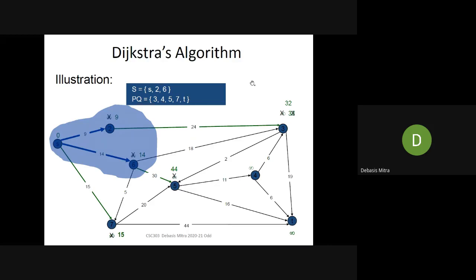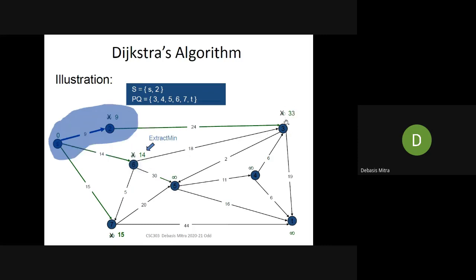So when 6 gets included in S, now see who are the adjacent of 6? 3, 5 and 7. Now 3 is still not included. So there is a chance that we could update. And here you can easily see what is the distance of 3 going through this path is 14 plus 18, which is 32.